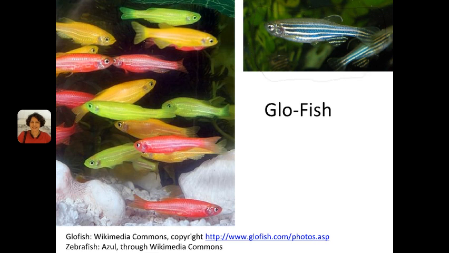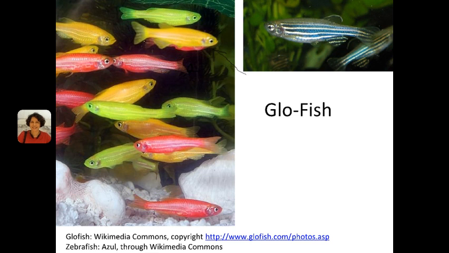But the green fluorescent protein gene itself has also been modified so that it reflects the energy at different wavelengths. So now you've got yellow fluorescent protein, red fluorescent protein, orange, and green. So you have a rainbow of colors possible.